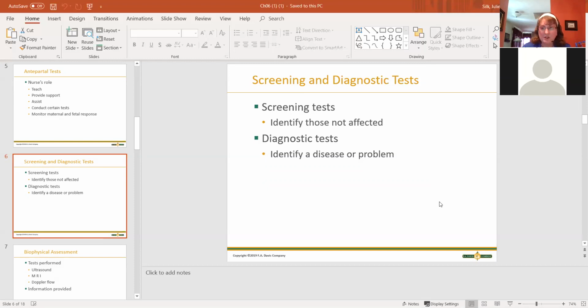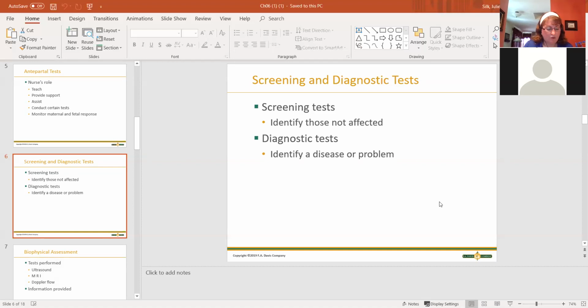So if we were doing a screening test, the one that isn't 100% sure, some of those include amniotic fluid index, the biophysical profile, contraction stress tests, daily fetal movement count, multiple marker screening, alpha fetoprotein screening, non-stress test, nuchal translucency, and there's a couple others. I won't mention every one of them.